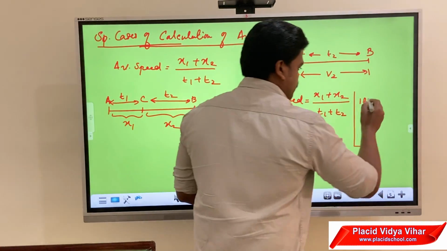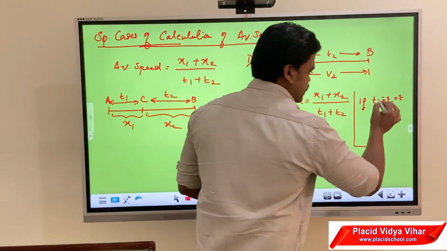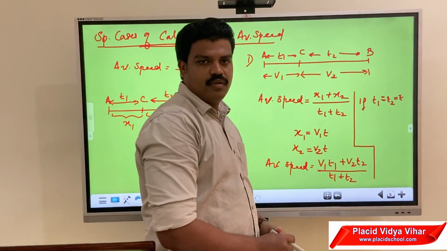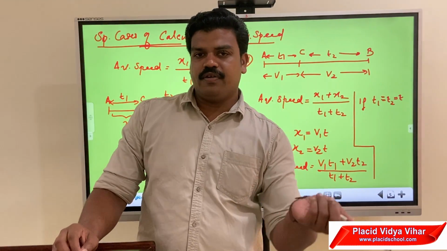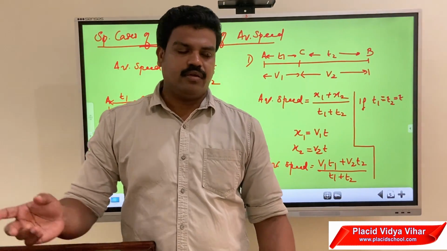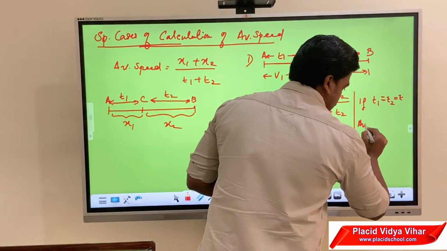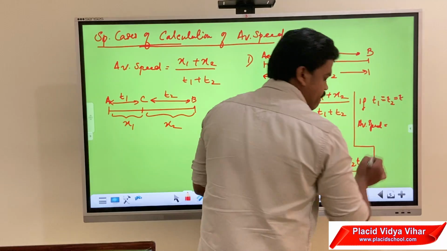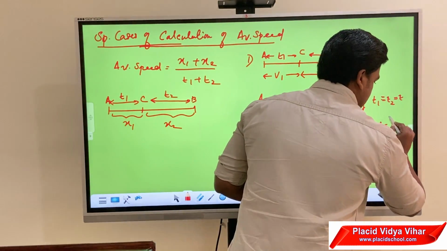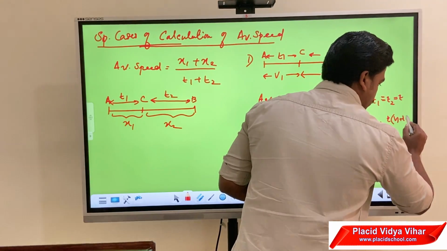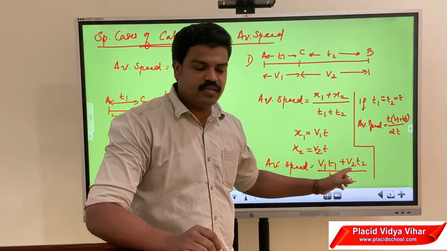And if t1 is equal to t2, that is equal to t, the particle or the object will take the same time to travel from A to C and from C to B. Then the average speed can be written by taking t as the common factor: t of v1 plus v2 by t plus t, which is 2t.